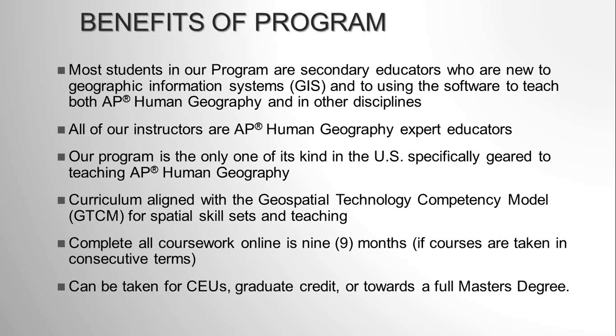As we mentioned before, there's the option to be taking the AP Human Geography courses for CEUs, for graduate credit in order to obtain the graduate certificate, or again towards a full master's degree.